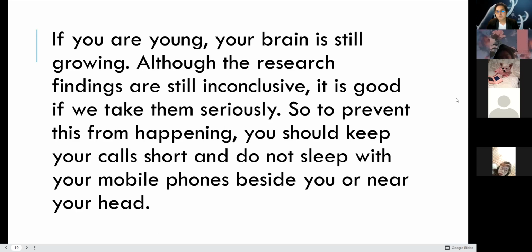That's the prevention. Remember that prevention is better than cure. It's better to be prevented than to experience those effects.